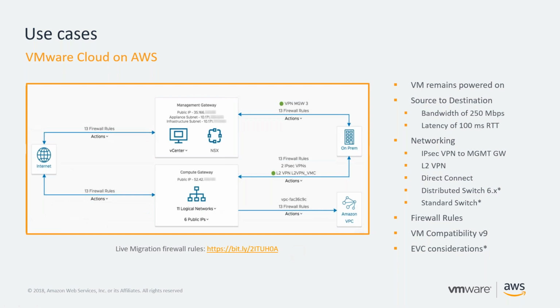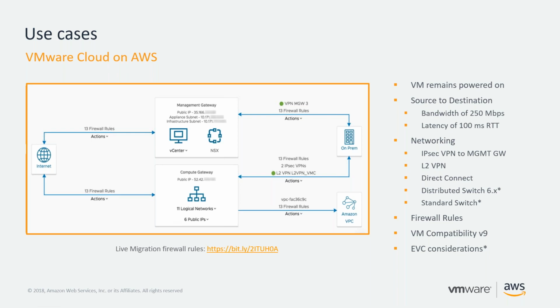So when you look at it, you do have the option to pretty much set up your source and destination, your firewall rules as needed as well. You do have that full flexibility. Your VMs are going to reside in that compute gateway that exists over here. You can set up your logical networks for your VMs. If you want to assign any public IPs to your VMs, you do have that option as well. So to control the firewall rules, you would go over here where this section is for your firewall rules.